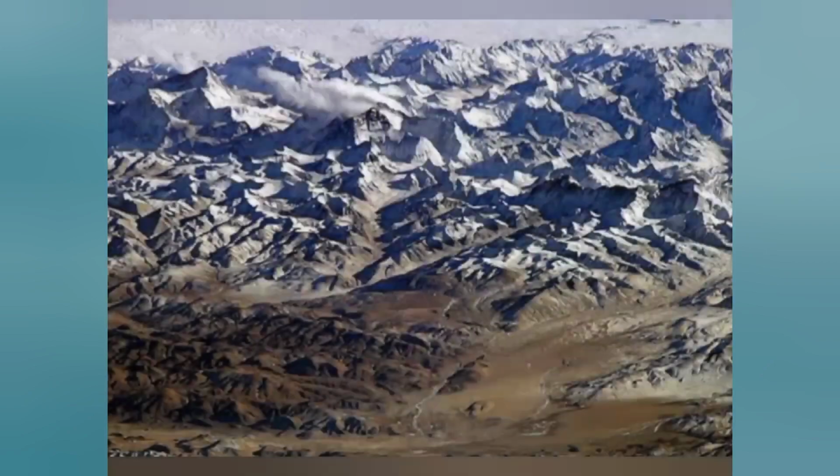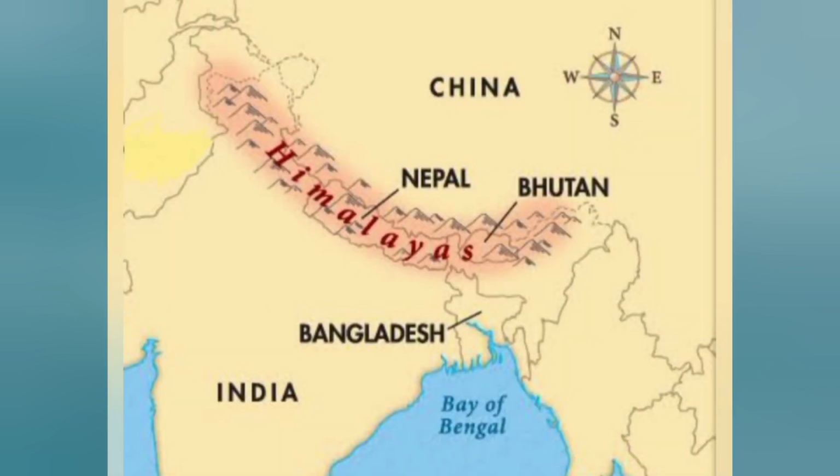Coming to the next range, the Shivalik Himalaya was formed in the last stage of the formation of the Himalaya. It comprises the outermost range of the Himalayas, by this it is known as the Outer Himalayas. It has a hogback-like appearance due to its steep northern slope. This range runs parallel to the Lesser Himalayas for a distance of about 2,400 kilometers from the Potwar Plateau to the Brahmaputra Valley.